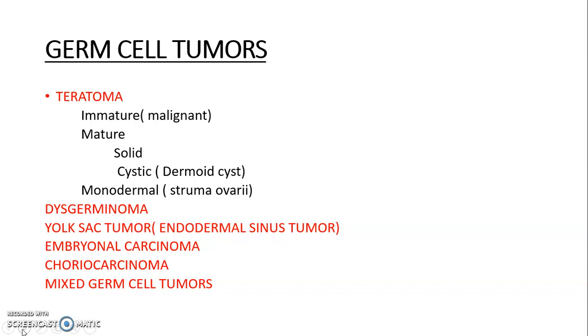The third category, and important tumors, are germ cell tumors, which include teratoma, which is further divided as immature teratoma or malignant teratoma, and mature teratoma, which is benign. It could be cystic or solid. Cystic mature teratoma is also known as dermoid cyst, and monodermal teratoma.